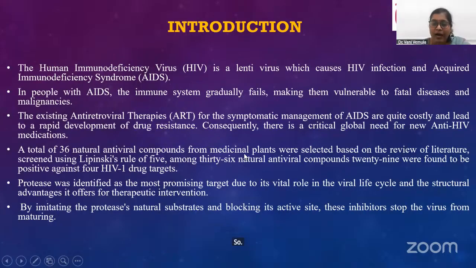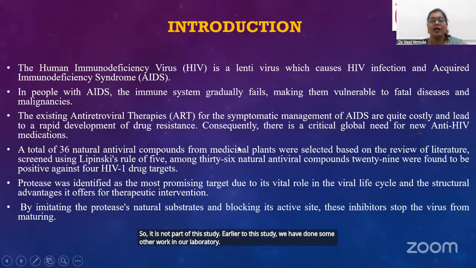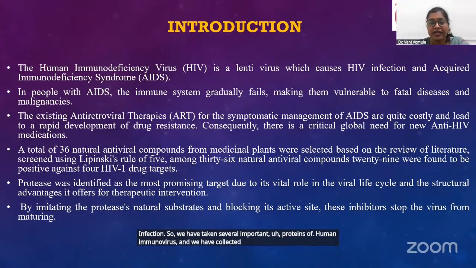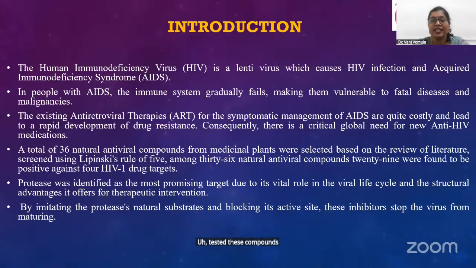So it is not part of this study. Earlier to this study, we had done some other work in our laboratory identifying the crucial drug targets in HIV infection. We took several important proteins of the human immunodeficiency virus, collected several antiviral compounds from the review of literature, and tested these compounds against protease enzyme and other important drug targets.